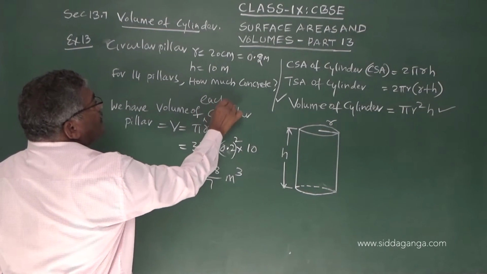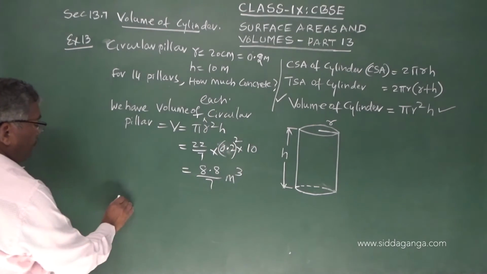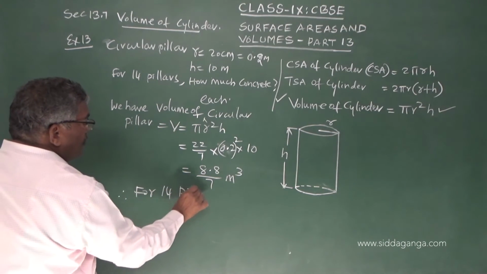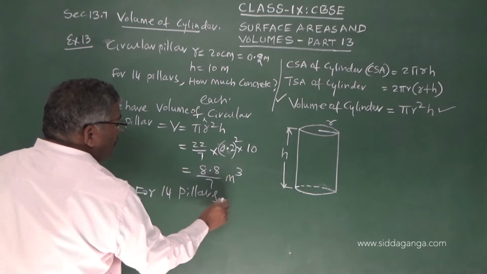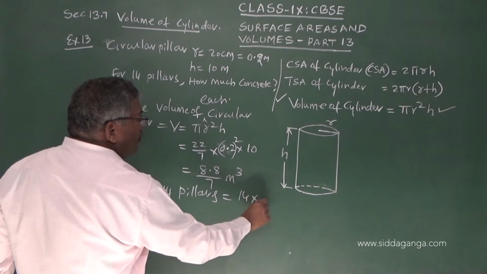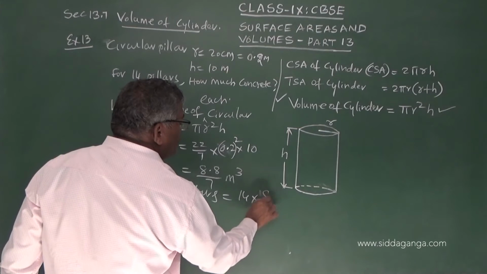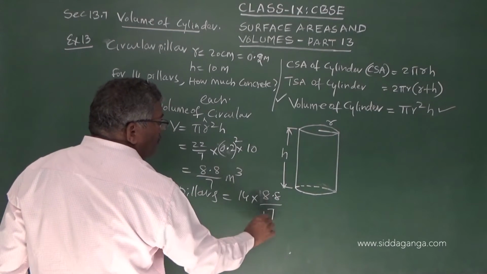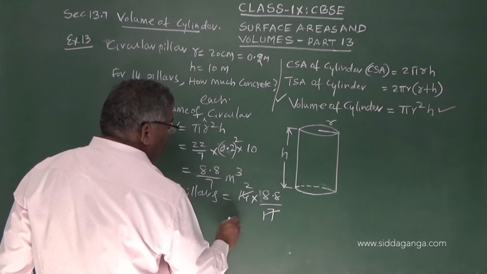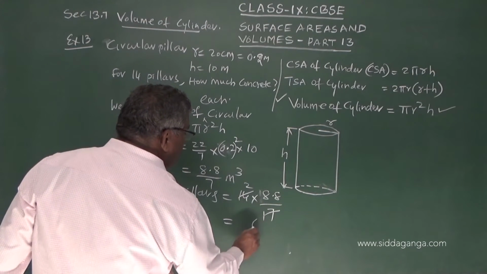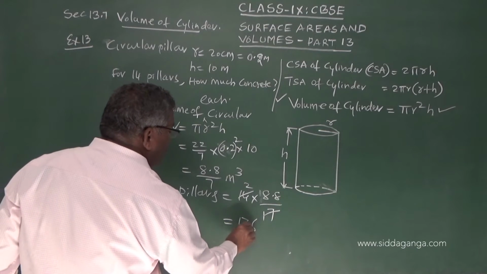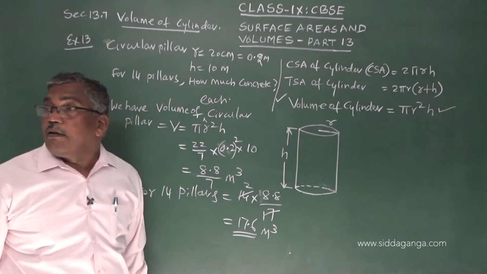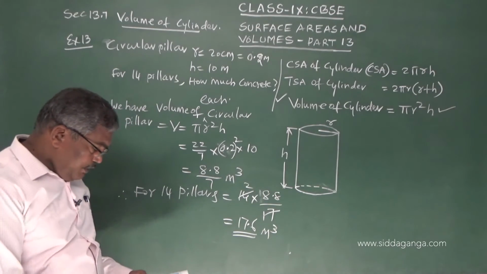For 14 pillars, 14 into 8.8 divided by 7, 7 twos are 14, so you will get 17.6 meter cube.